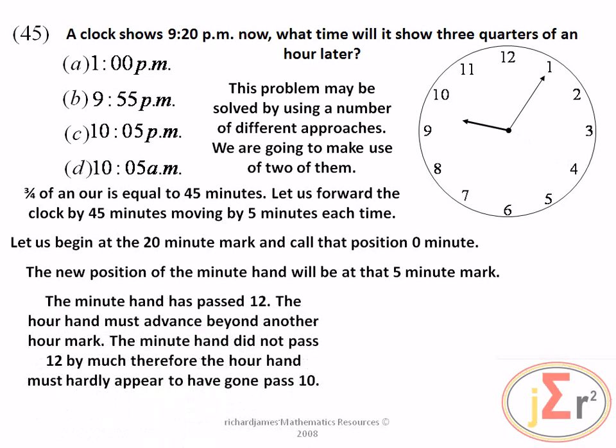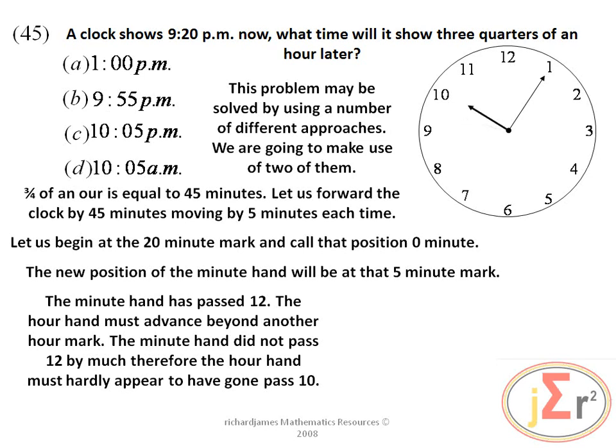The minute hand has passed 12. The hour hand must advance beyond another hour mark. The minute hand did not pass 12 by much, therefore the hour hand must hardly appear to have gone past the other hour, which is 10.